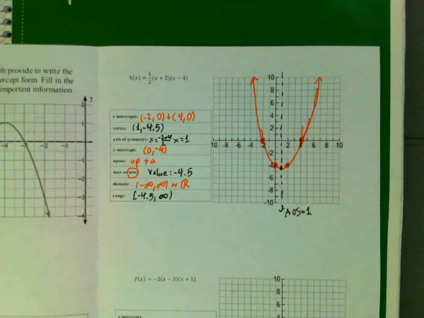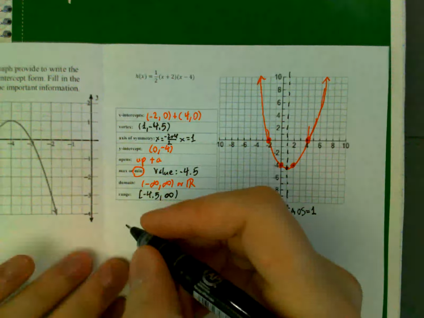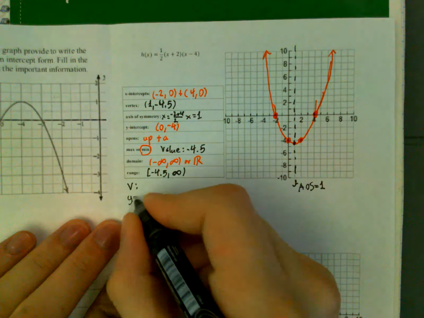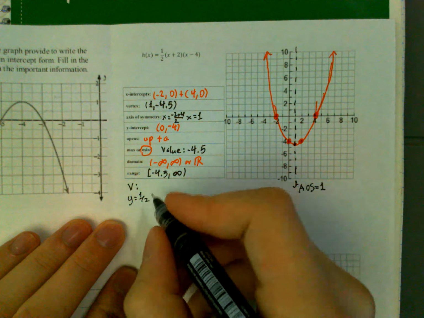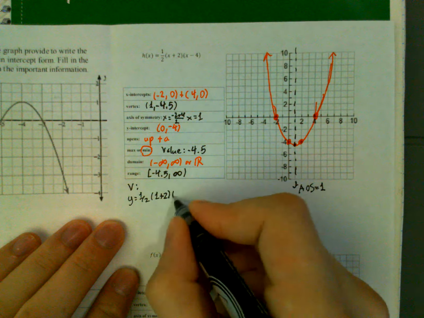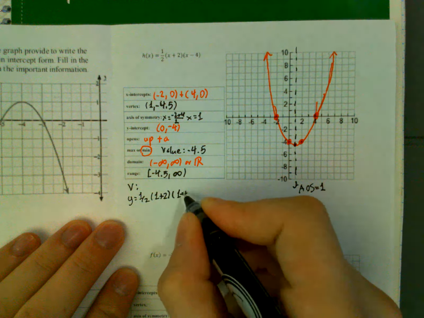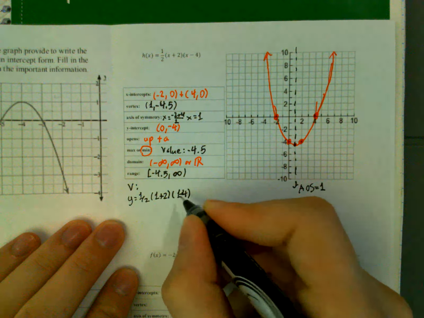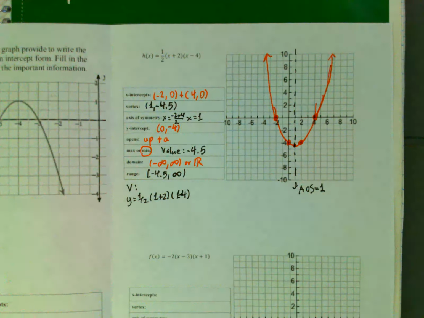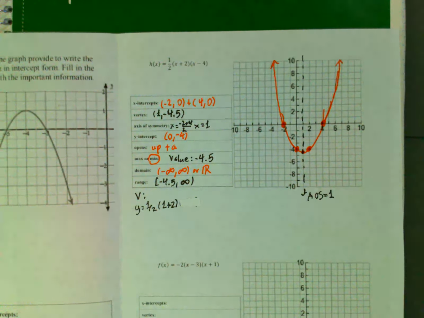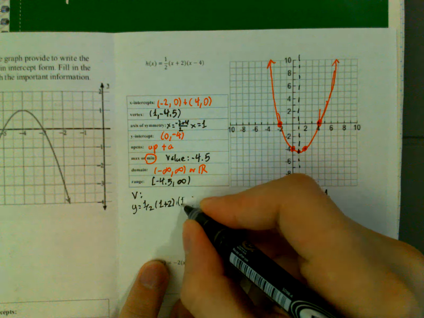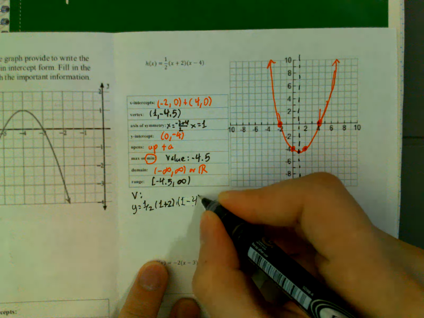Now, let's talk about how I found that. For the vertex, y equals 1/2 times (1 plus 2) times (1 minus 4). There's a minus in there, sorry. And I don't have my whiteout out here. I gotta get my whiteout. Okay, so it would be 1 minus 4.